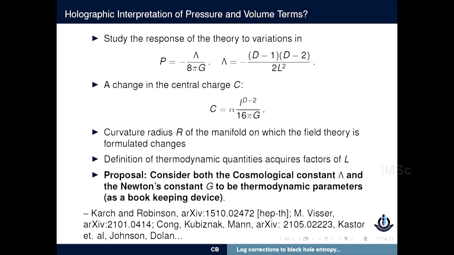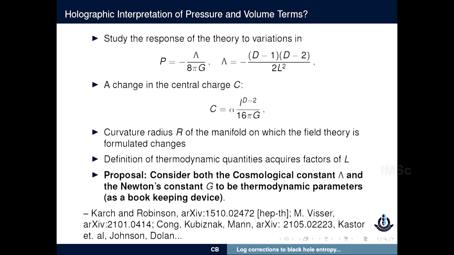Fortunately, Bishwajit set up the stage a few minutes back by taking G and h-bar both to 0 while keeping the ratio constant. In a similar setting, you could think of the cosmological constant and the Newton's constant to be thermodynamic parameters.